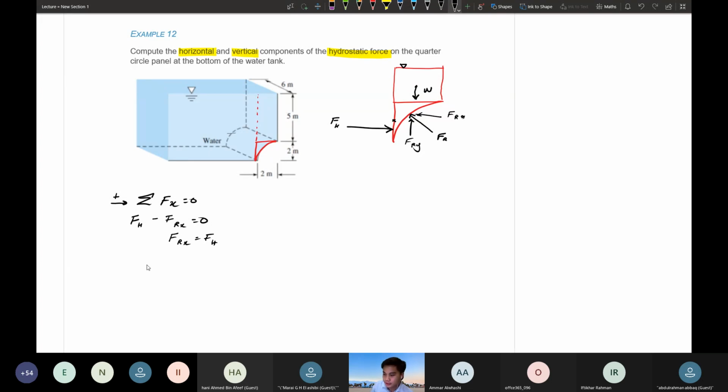So what's the formula of FH? Previously we learned gamma of fluid multiplied with hC times A, the area.